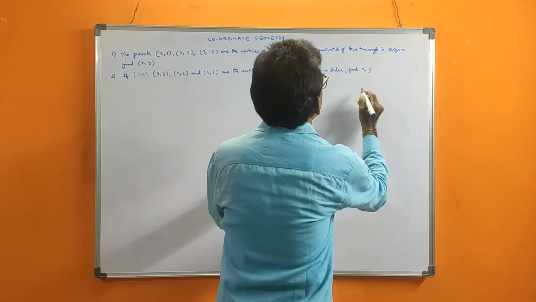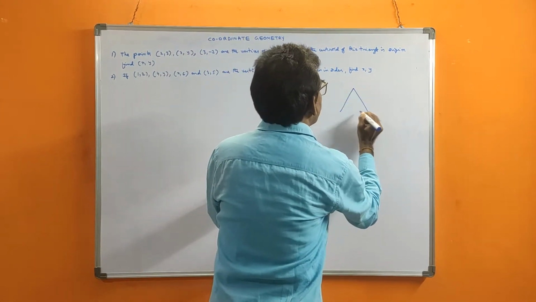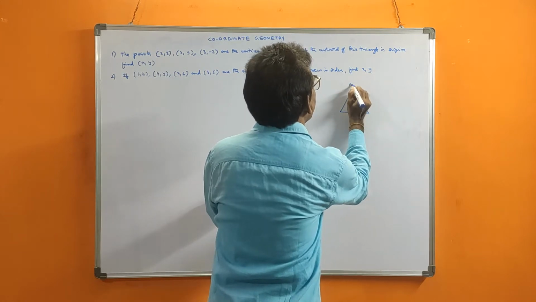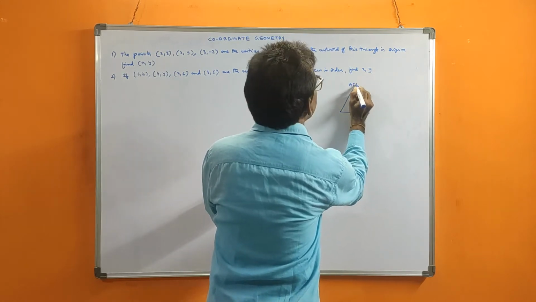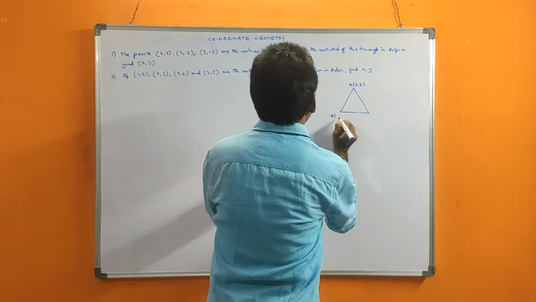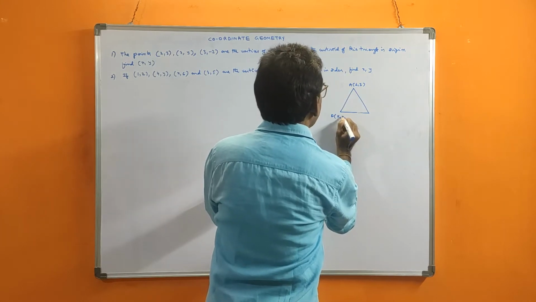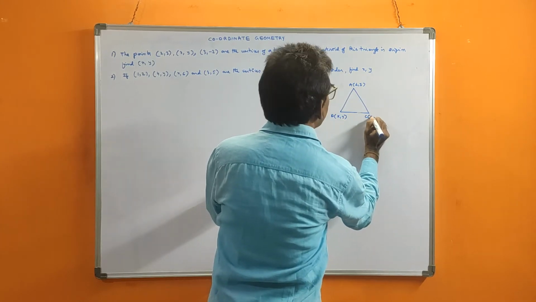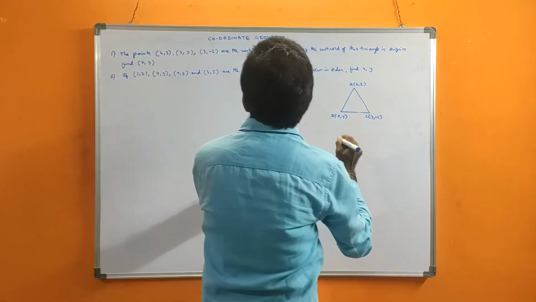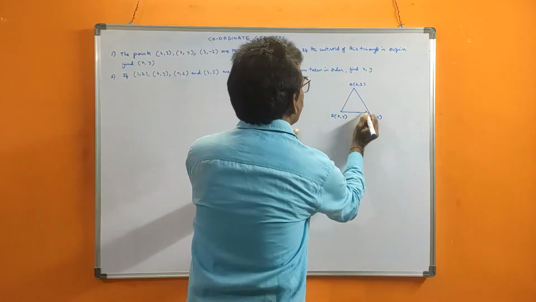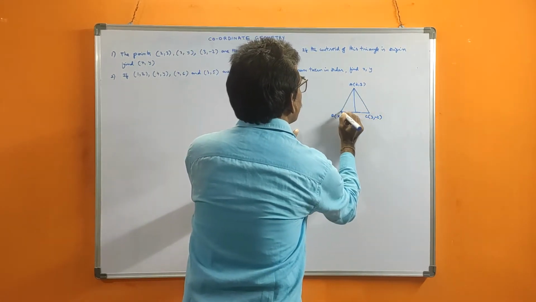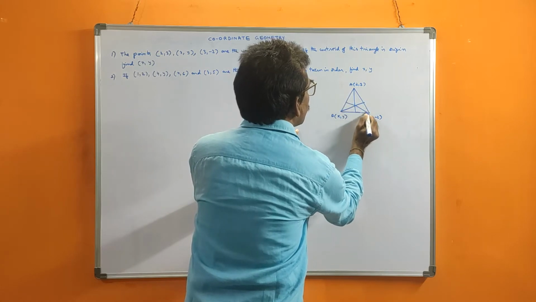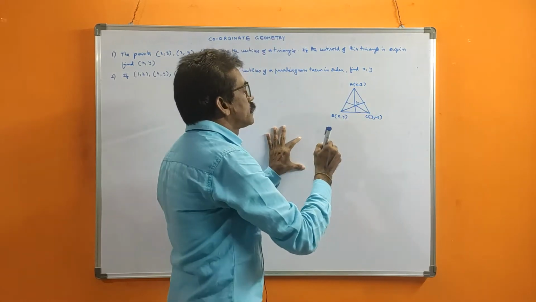Now see, suppose A (2, 3), B (x, y), C (3, -2) are the vertices of a triangle. This is the centroid of this triangle.